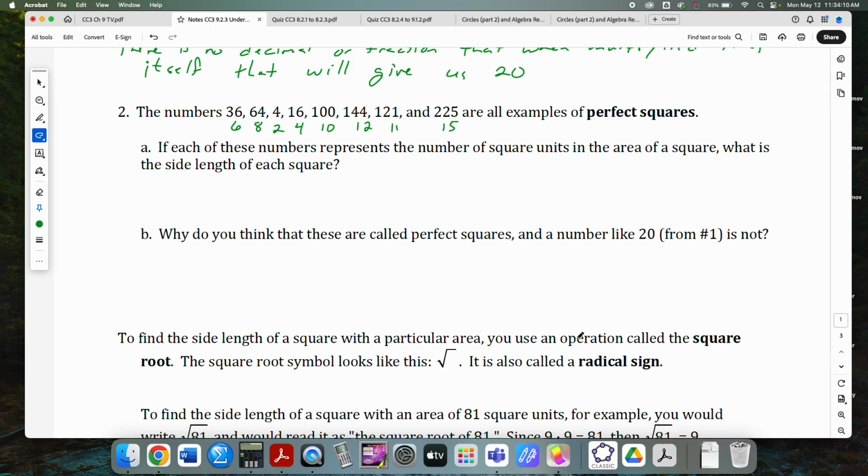Okay. So why do you think those are called perfect squares? Well, they're called perfect squares because their square roots are whole numbers. But the square root of 20 is not a whole number.